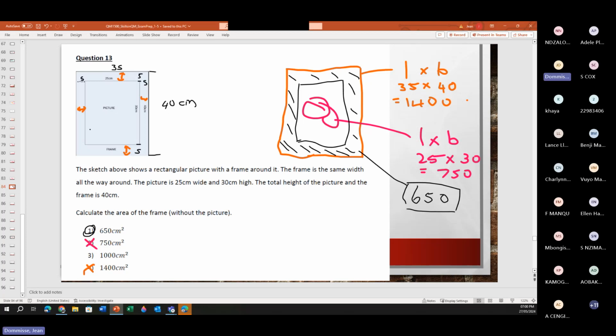But that's normally what they would do. So this was now asked a bit differently, so that they nearly ask you to work out what the width is and those kind of things as well.